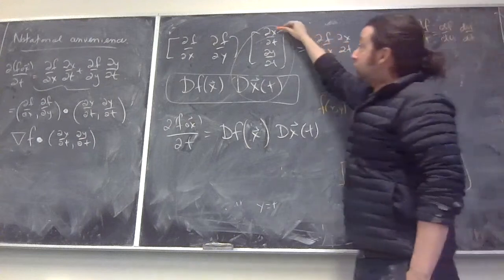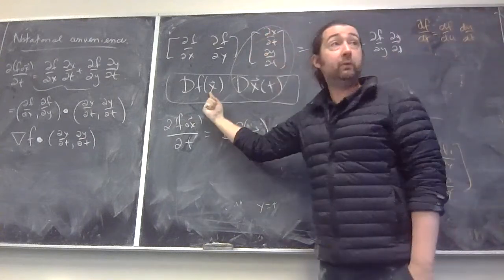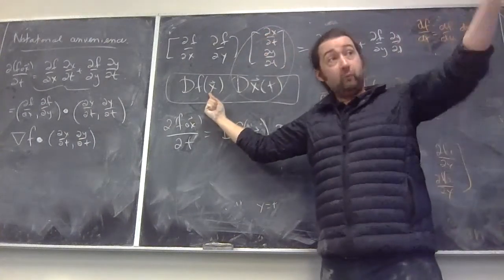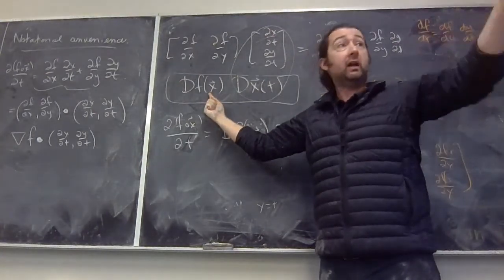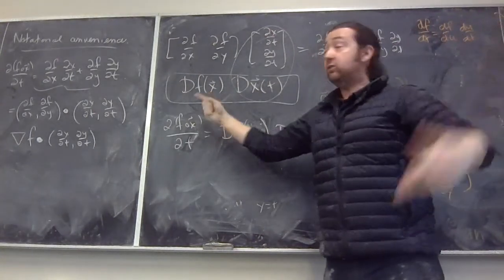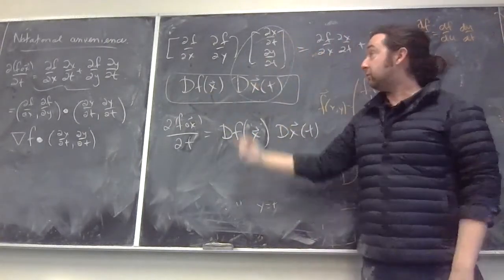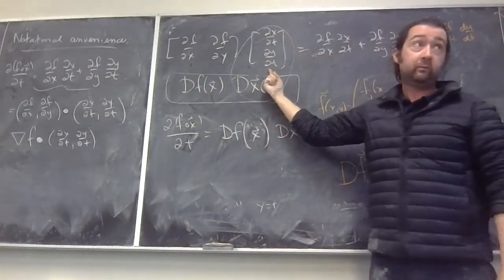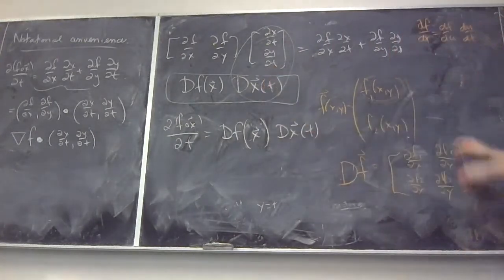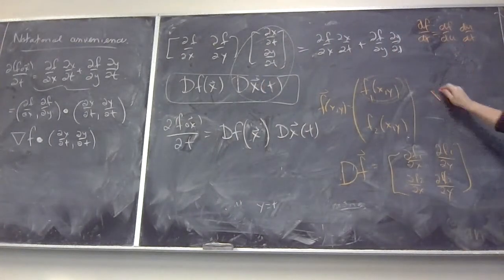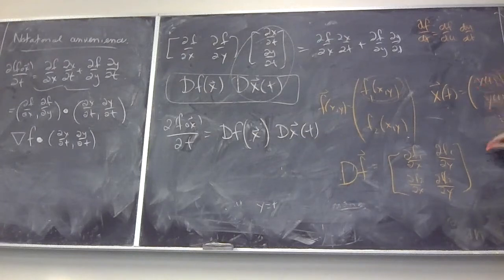This thing, x, is a vector output. It has two components, an x1 and an x2, or an x and a y output, right? So each piece is going to get its own row, but there's only one variable. So the matrix only has one column. The idea here is if you did the same picture, but I tell you that x of t is equal to x of t, y of t, then the derivative of x, well, this only has one variable.